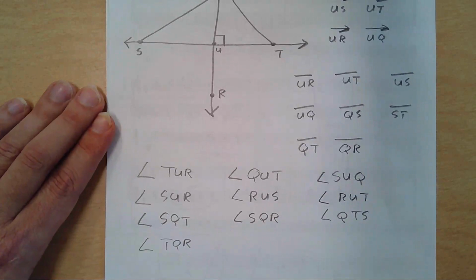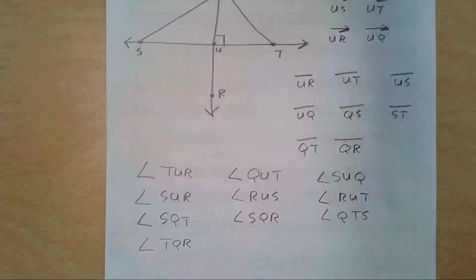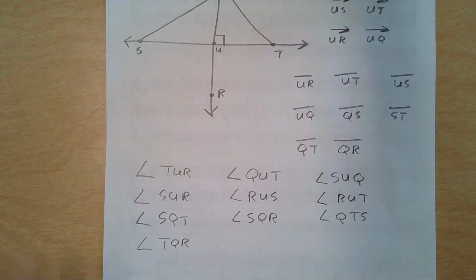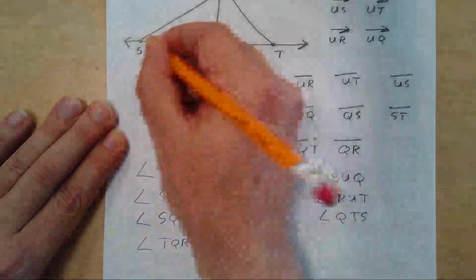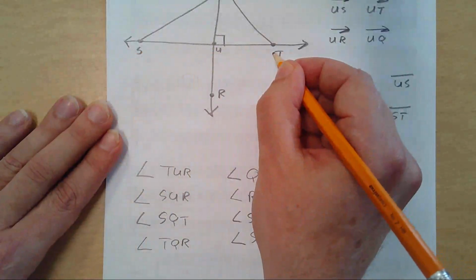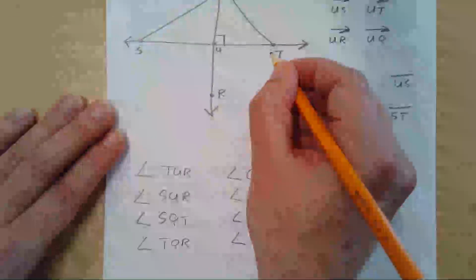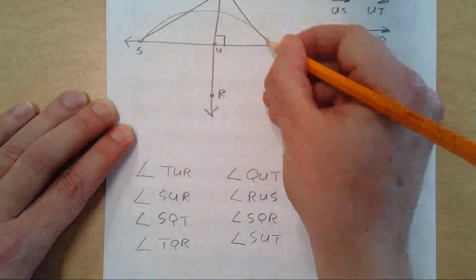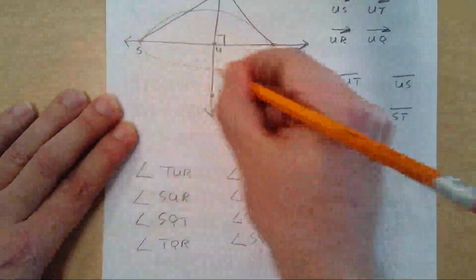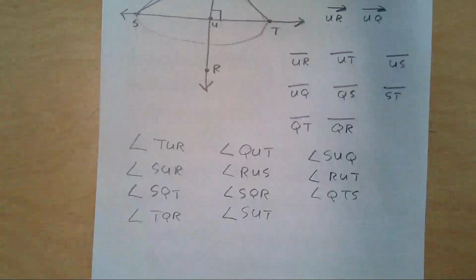And where's the last one here? Is it SUT? Right. Last one, SUT. This is actually a straight angle right here, which we'll learn about. Straight angles have measurements of 180 degrees. So this right here is an angle, just like this. So there they are, the 11 angles.